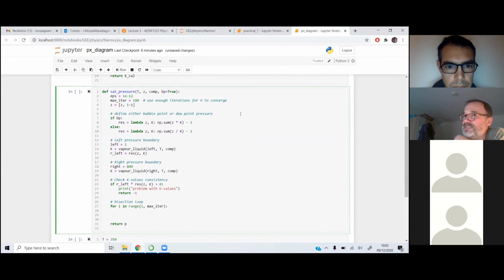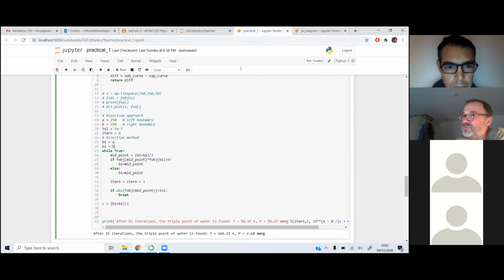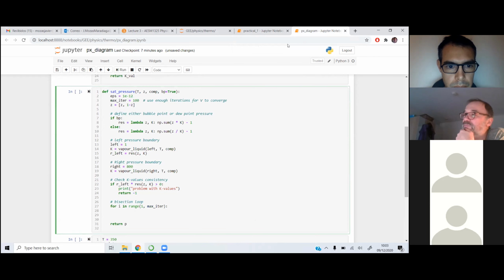And more or less what I did, I just multiply by left all the time to check the sign. Right. So here you can see it. Check K values consistency. What would this be? The res? Oh, res is lambda z. Okay. Function.